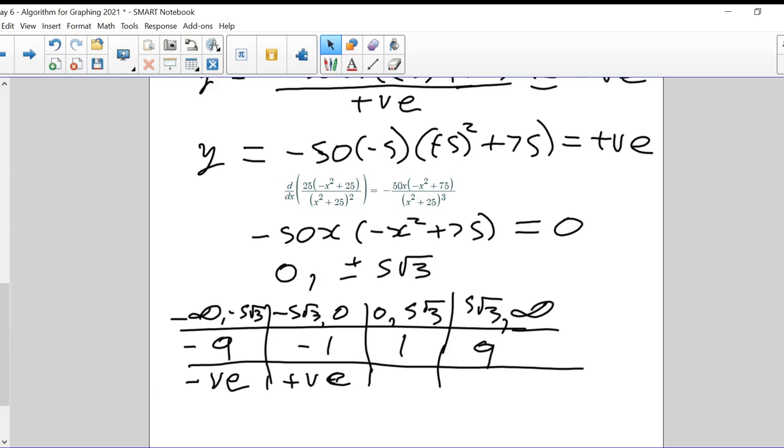And again, really just interested in whether it's positive or negative. That's really what we're after here. The actual value is of no real importance, not for this. And just for the record, what it is really telling you is the rate at which the first derivative is changing.